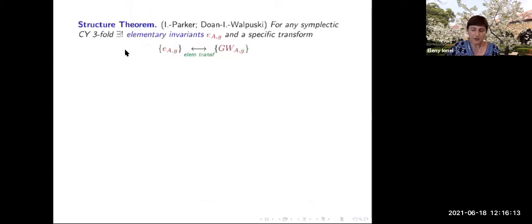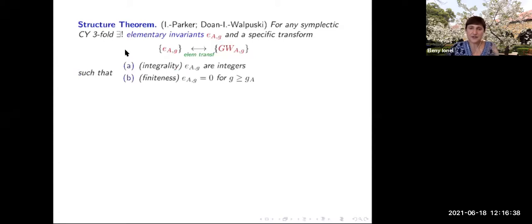So what we're able to prove, it's actually a structure theorem, and that's if you want the main focus of the talk. For any symplectic Calabi-Yau threefold, there are these other invariants which we call elementary invariants, okay? And another specific transformation transforms the Gromov-Witten invariants into these other invariants called E_{A,g}, okay?